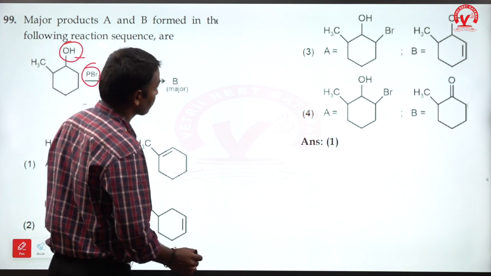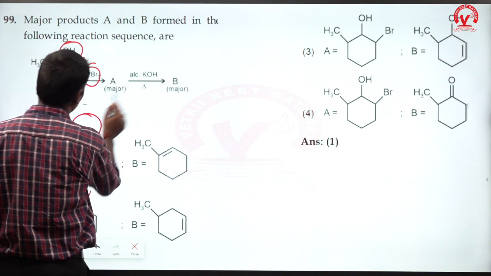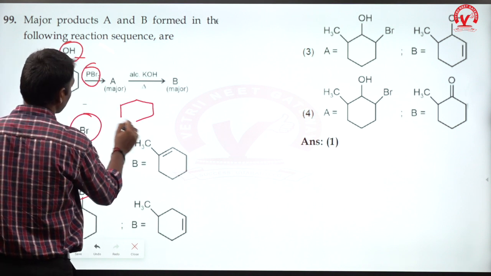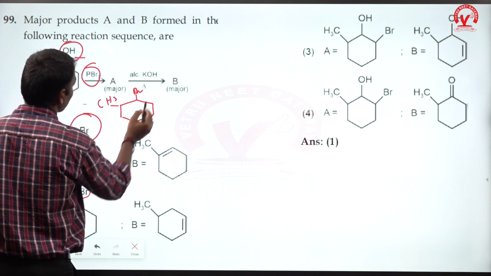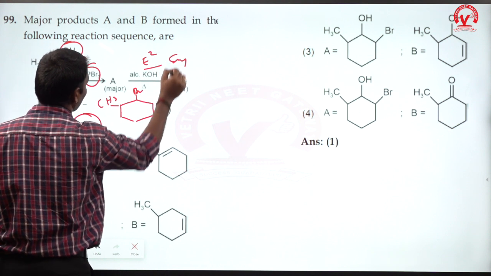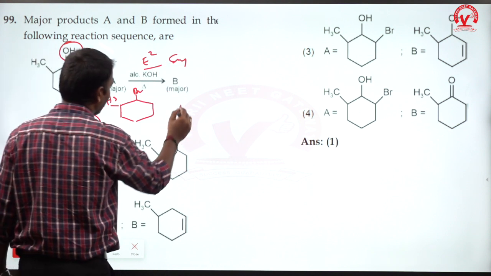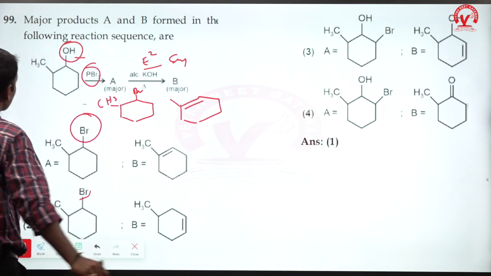Yes, option 1 is the correct answer here. Right? Here in the first step we have to substitute this Br here. CH3 remains. And alcoholic OH, there is the E2 mechanism, Saytzeff rule, the highly substituted double bond will form here, like this, right? Option 1 is the correct answer for this question, right?